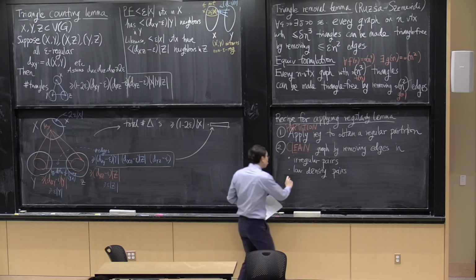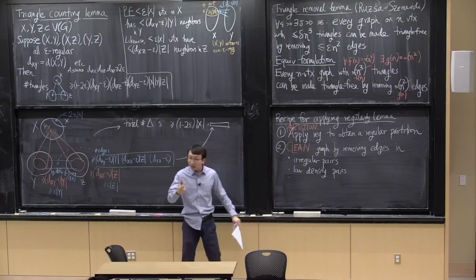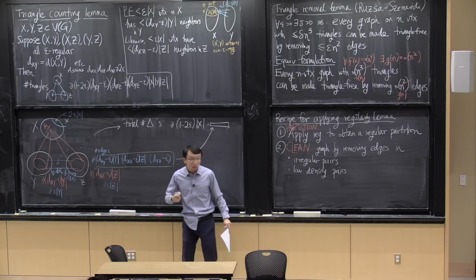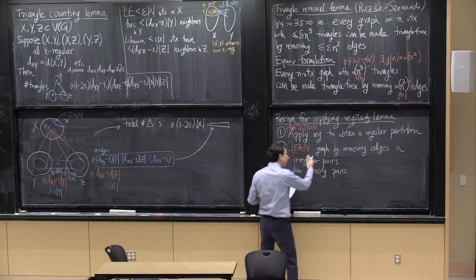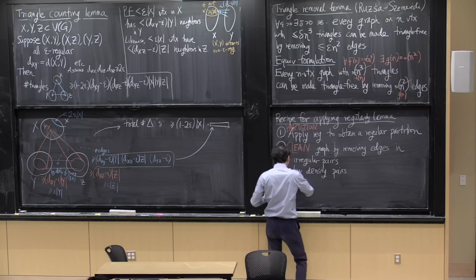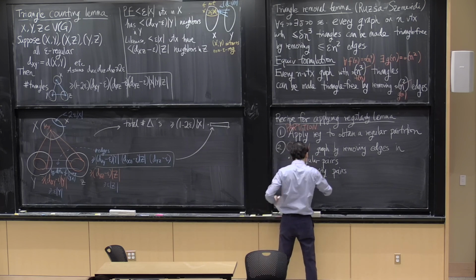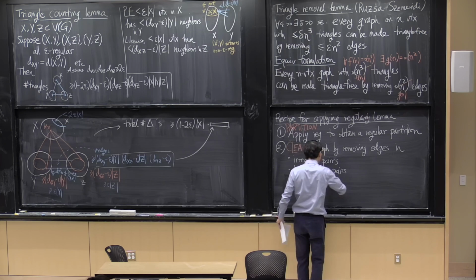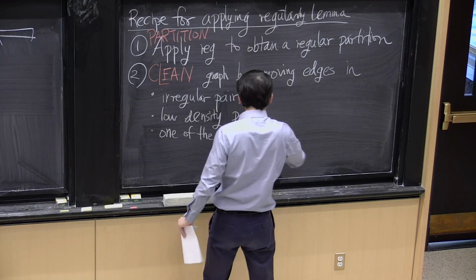And unless you're using the version of the regularity lemma that allows you to have equitable parts, you will also want to get rid of edges where one of the parts is too small.